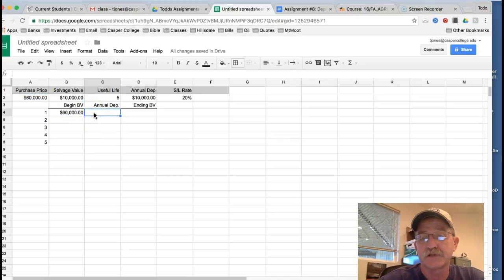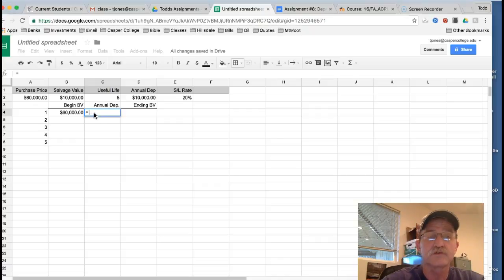The annual depreciation, now this is something that you should know now because we described what this straight line depreciation is. It's equal each year. So every one of these years, every year 1 through 5, will be in this example $10,000. So let's cell reference that $10,000. And what I'm going to do is also make it absolute with the function F4.